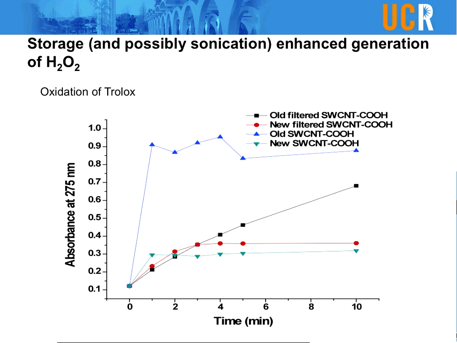Here we compare the filtered carbon nanotube solution prepared 3 months ago and the one prepared 2 weeks ago. The one prepared 3 months ago, even the filtered solution, has a higher effect than the solution prepared 2 weeks ago.